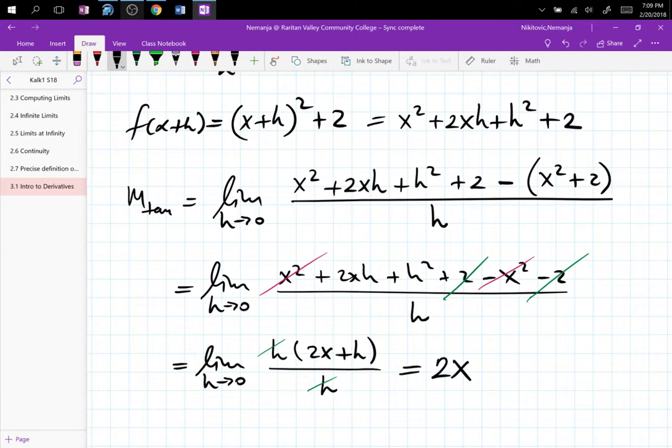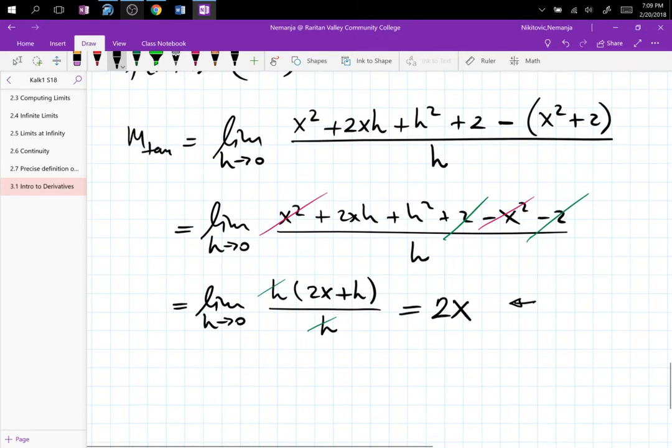Now this over here will generate all of the slopes. You remember your x equals 3? Well, slope equals 6. Didn't we compute for x equals 5 and you got 10? You replace those values that you want the slopes for.